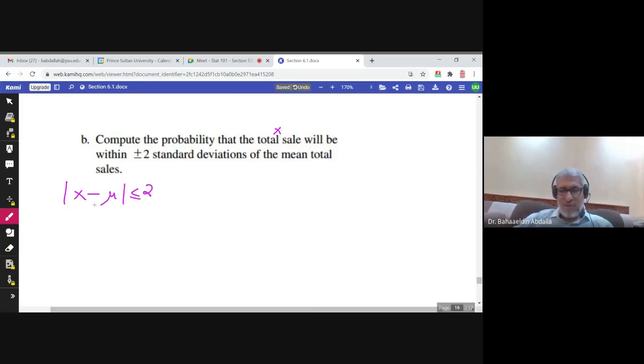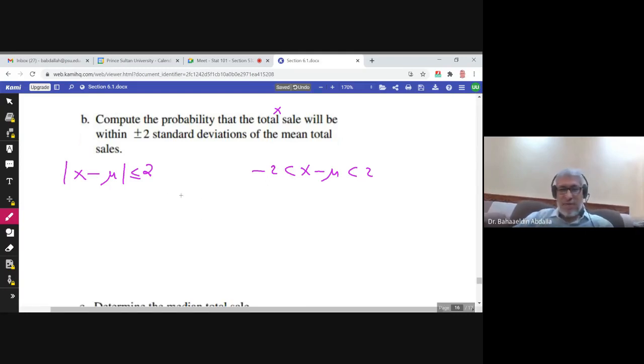So the difference between X and mu is less than or equal to 2. If you want, you can write it as X minus mu is between -2 and 2. So he needs this probability: the probability that X minus mu is between -2 and 2.